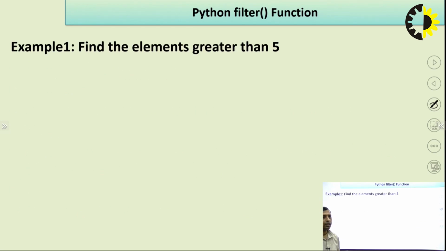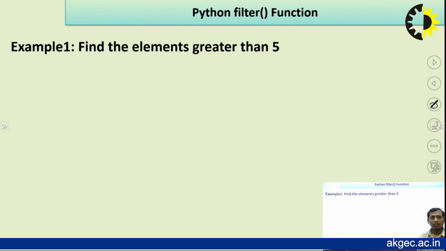Now, we will see an example. Find the elements greater than 5. If we are given a set of elements and want to find the elements greater than a particular value, in this example we just say this is 5.